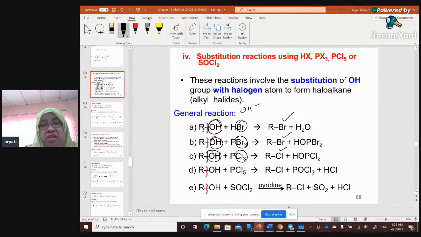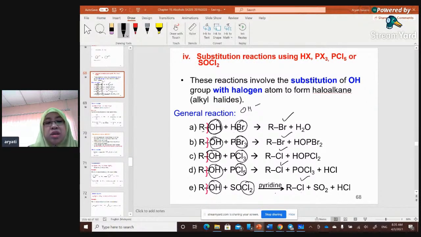Alcohol react with PCl5, OH substitute with Cl. So dia akan jadi RCl haloalkane. POCl3 plus HCl is your third product. Okay, OH minus substitute with Cl. Okay, in pyridine, it will produce RCl, haloalkane, SO2 plus HCl is the third product.